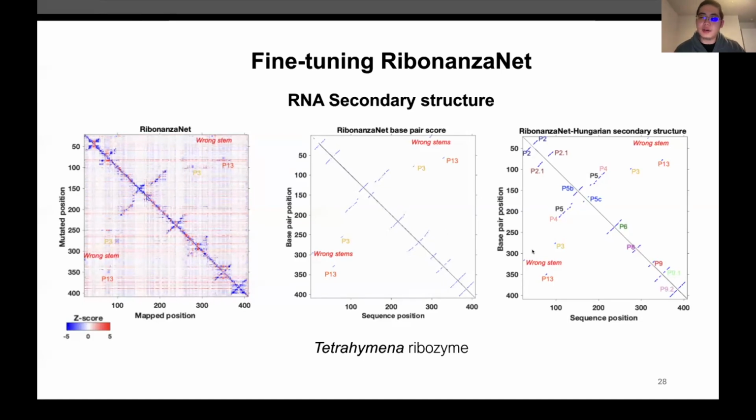However, compared to the ground truth secondary structure, RibonanzaNet is still getting some of the secondary structure wrong. So it shows that there's still work to be done, especially on these longer sequences.